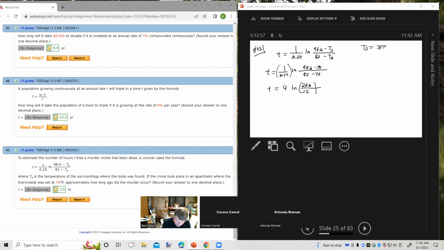So we've got 4 times the natural log of the quantity 28.6 divided by 12. Close it up, and I'm getting 3.474, a bunch of zeros, etc. Rounding to 1 decimal place, you'd have 3.5 hours ago. Okay.